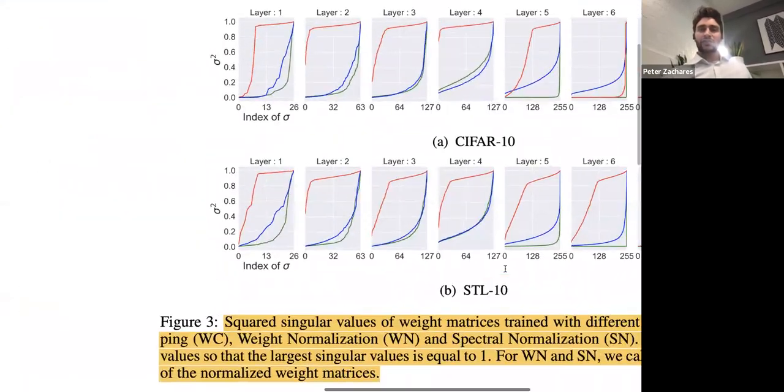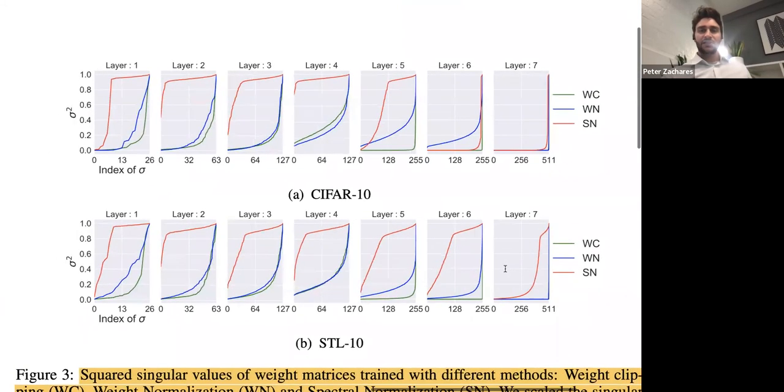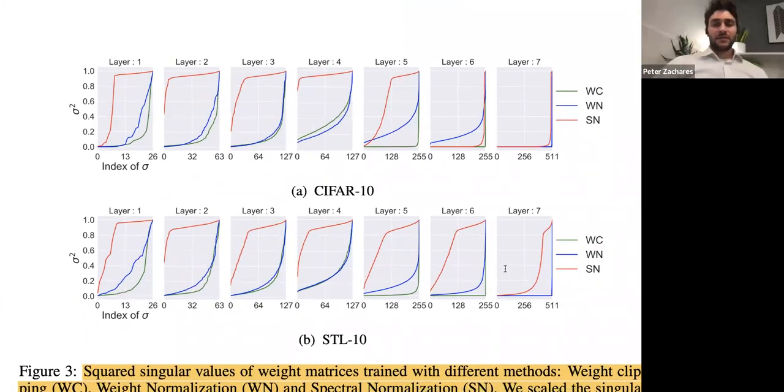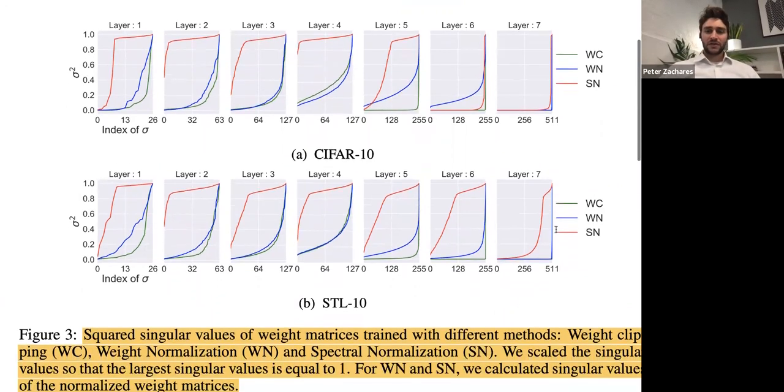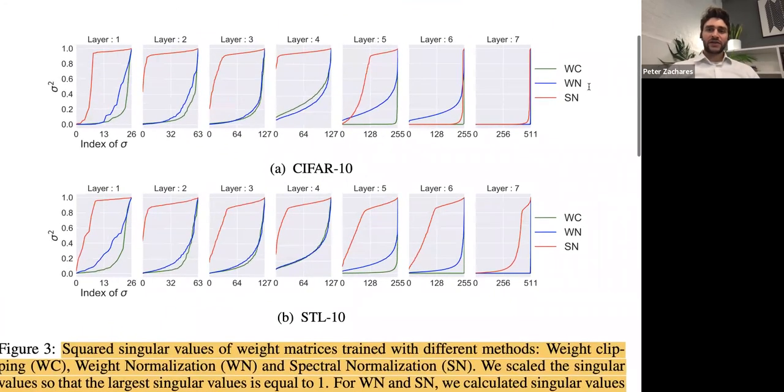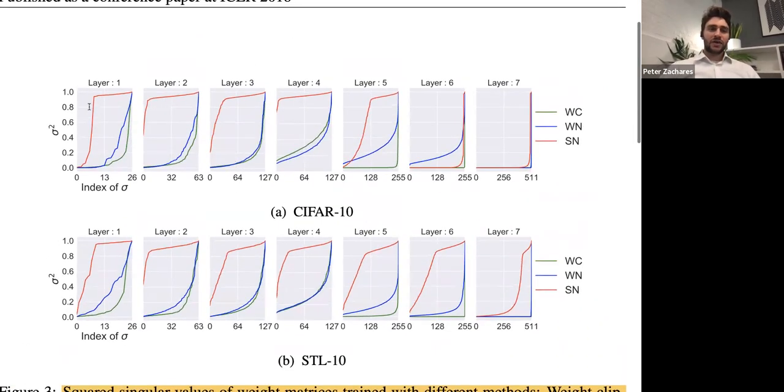Their third result, I actually really like these plots, and I think they highlight a major difference between different methods. So they show over here weight normalization, weight clipping, and spectral normalization. And it's a little bit hard to read, so let's just focus on layer 1 on the top right. I mean, the top left.